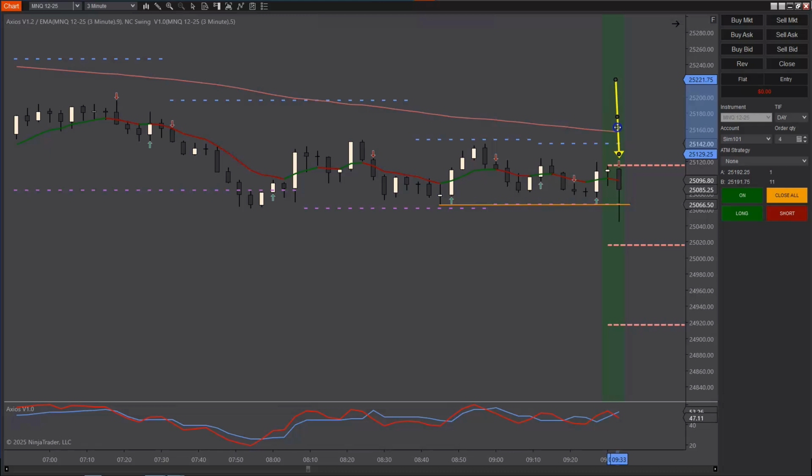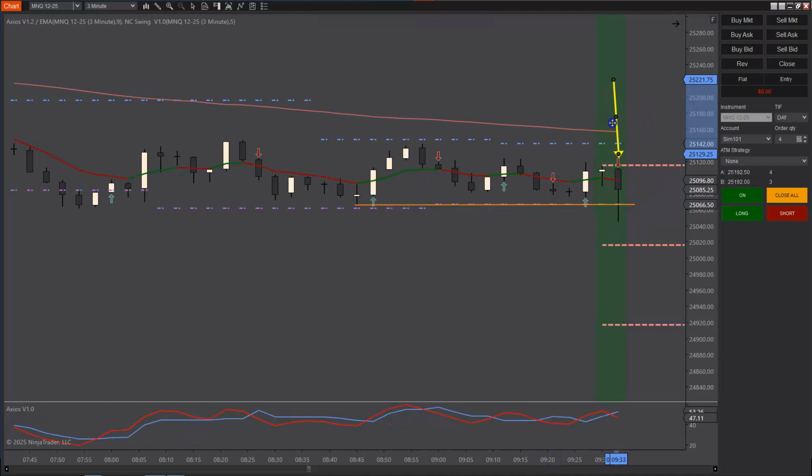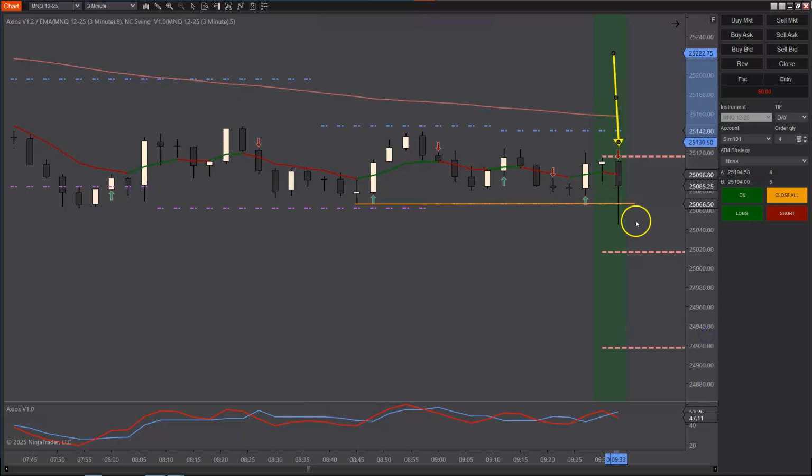So we call this the actual signal itself. So number 1, closing below the 100. Number 2, closing below the 9. Number 3, we want that 9 to be red for sloping down. And then finally, the Axios red arrow. So all those tell the automation to take a short.